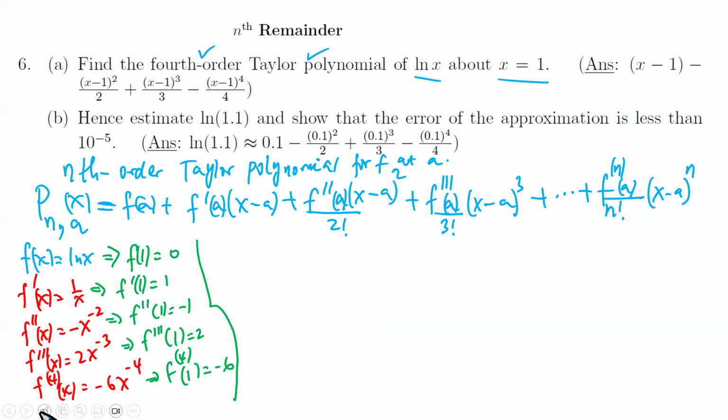So this Taylor is going to be done in a couple of stages. We're interested in the fourth order, so it's going to be P4, evaluated about 1, of x.